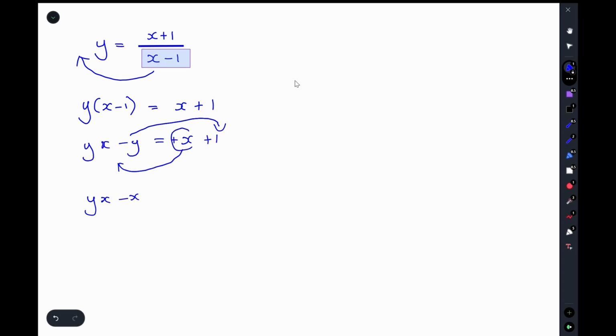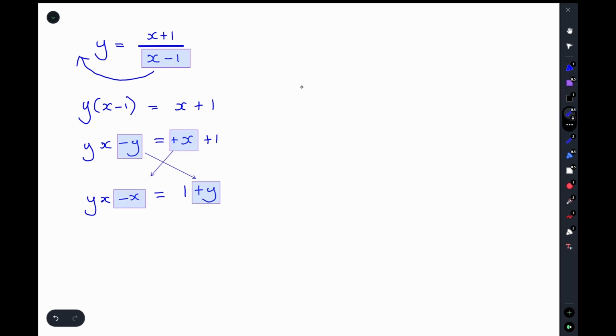We move plus x to the left, we get minus x, is equal to 1 plus y. So just to quickly recap, we moved minus y to the right, we ended up with plus y, and then we moved plus x to the left, we end up with minus x. So that was our rearrangement.